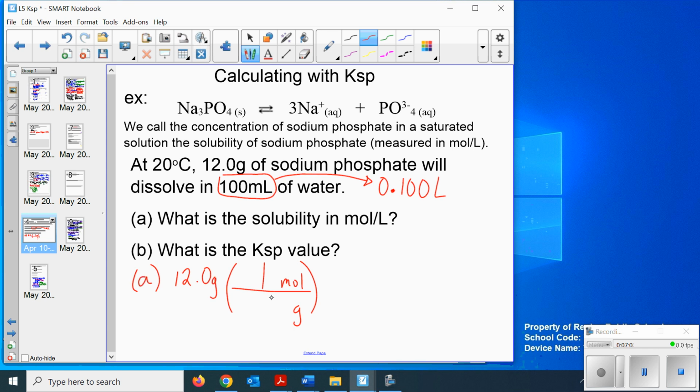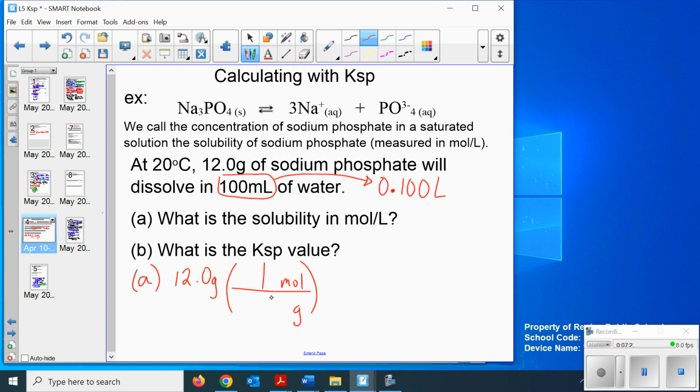So we go 3 times the mass of Na. And you're going to use that periodic table that I give you. Always add 22.99 times 3, plus 1 group of phosphate, 30.97, plus 16 times 4 for the oxygen, right?